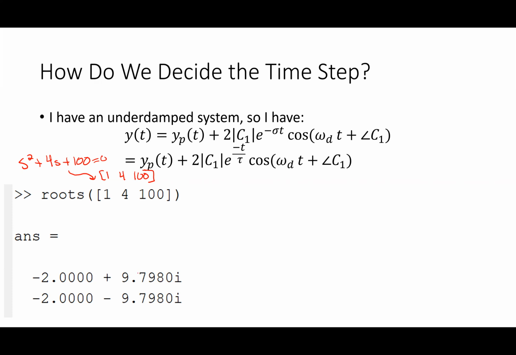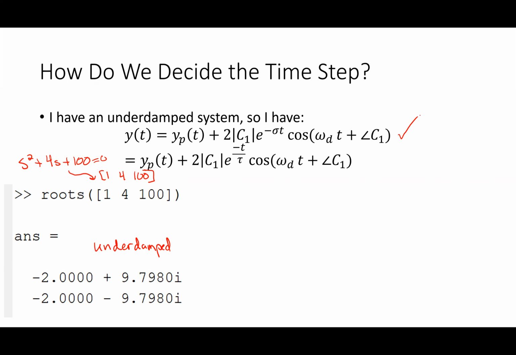And when I have complex roots, that tells me I am underdamped. If you don't remember, I don't care about the specific formula. What I do care about is that underdamped means I have decaying cosines in my transient. You should remember that you have a decaying cosine in that particular case.